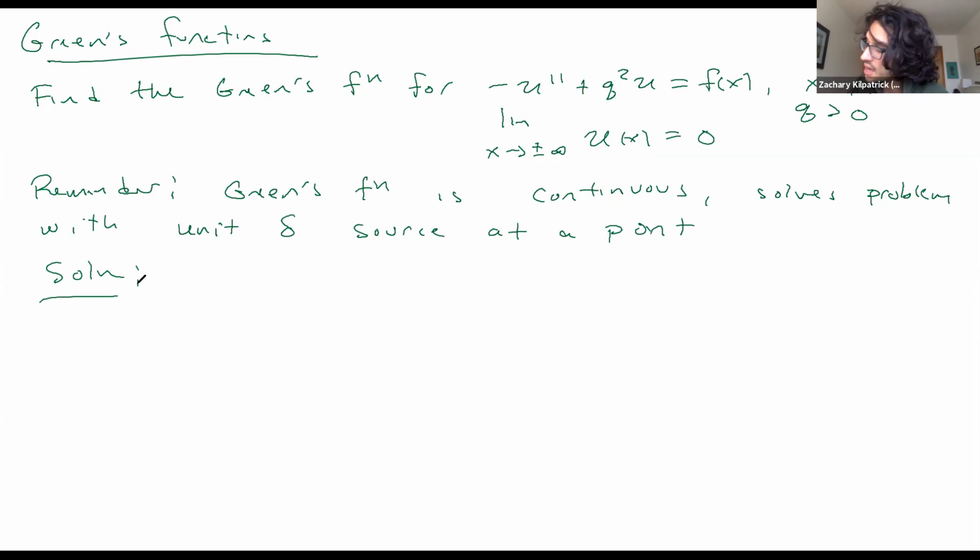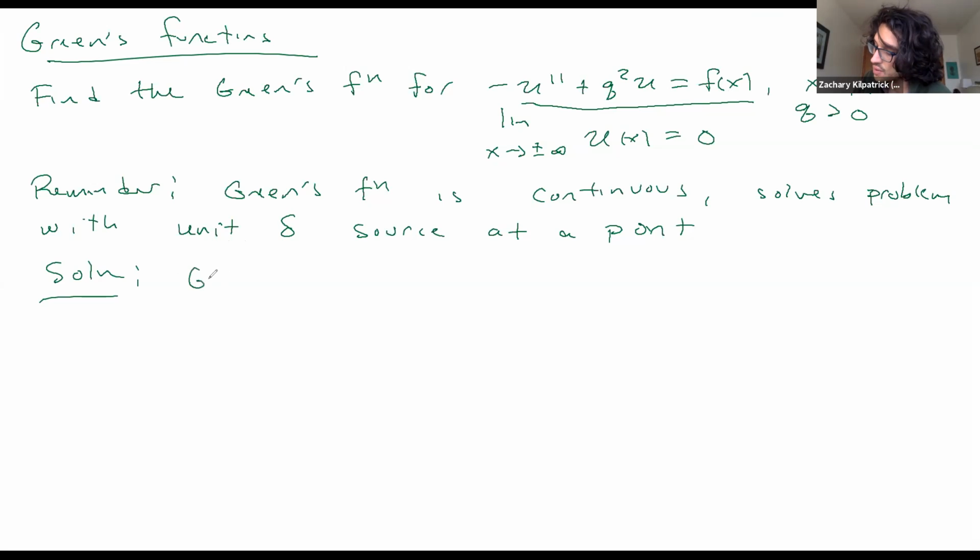is to note that, for this ordinary differential equation, the associated equation for G is going to be a partial differential equation in x and y, because we need something that we can integrate against an inhomogeneity.